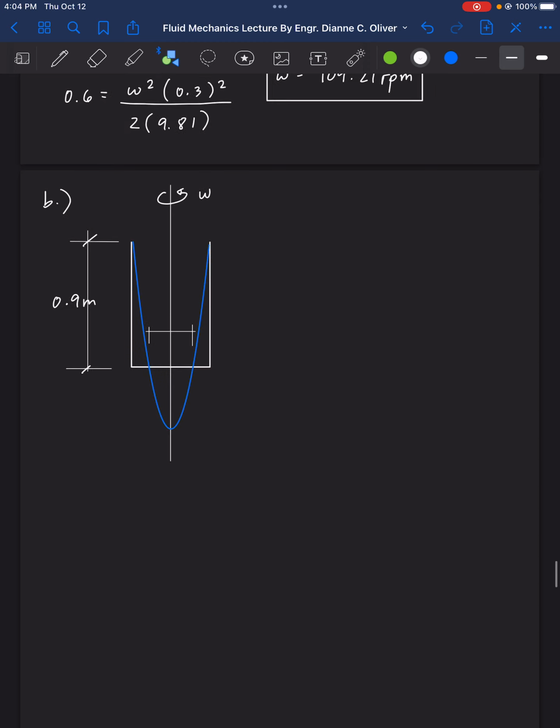So this is the 150 mm, or that is 0.15 meter. This point here from here. Okay. So given that our radius here is 0.3.